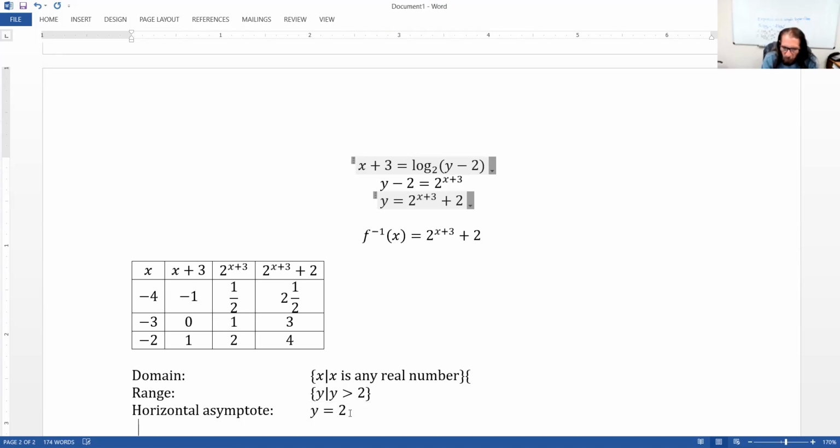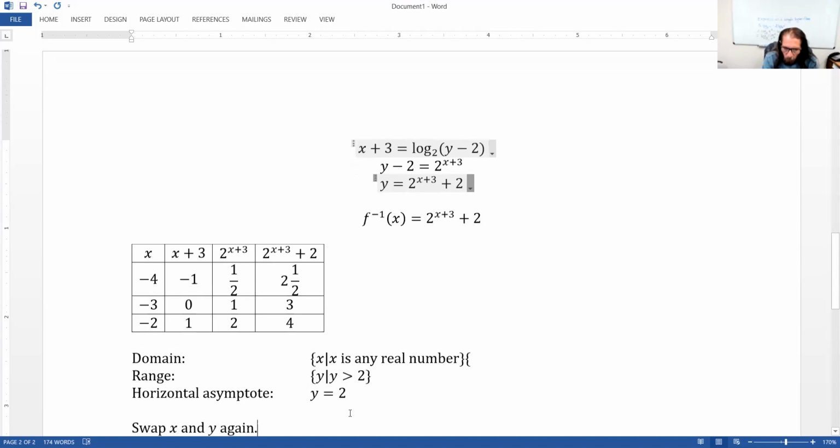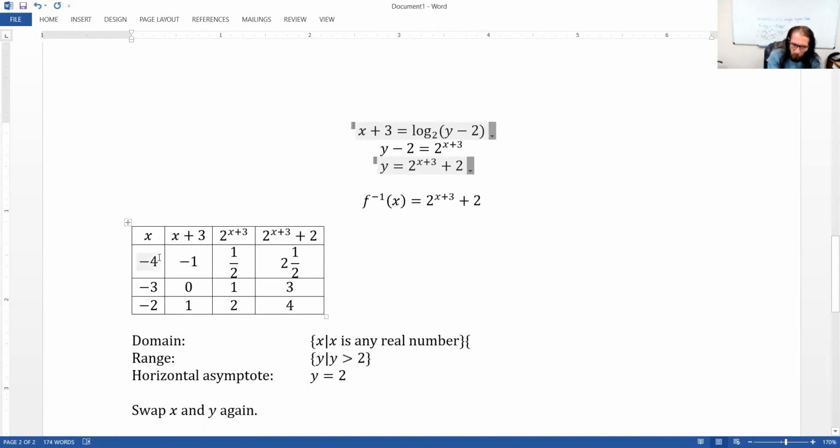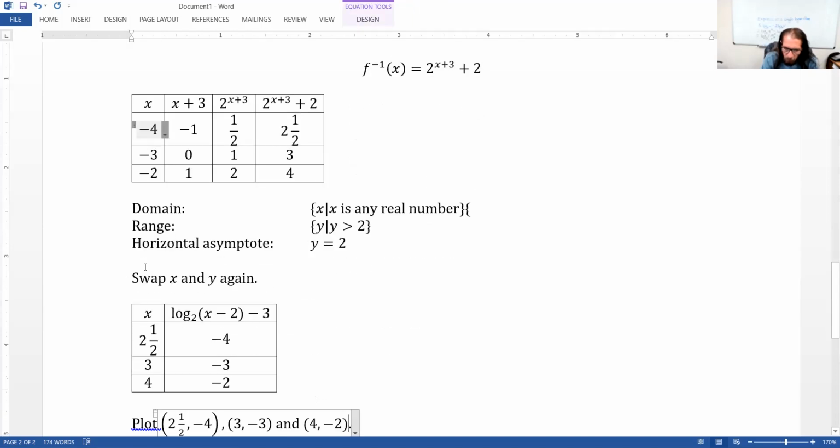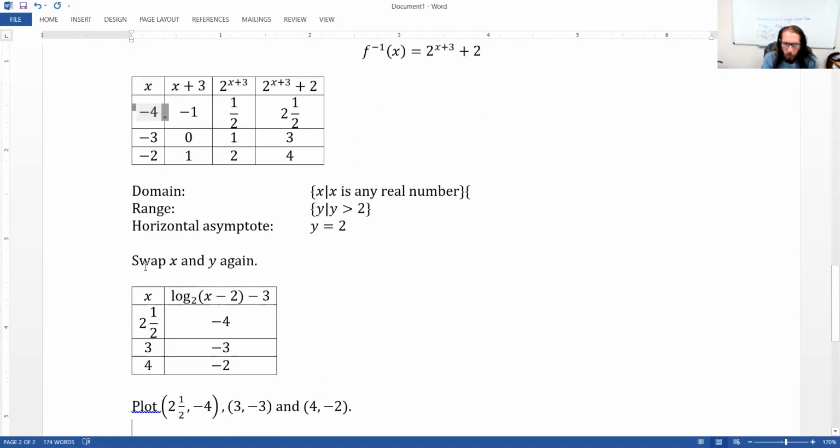But because we shifted up 2, that's made the range y is greater than 2 and the horizontal asymptote's equation y equals 2. When we swap the x and y, the first column and the last column, that'll give us the points to graph on our transformed logarithmic function.